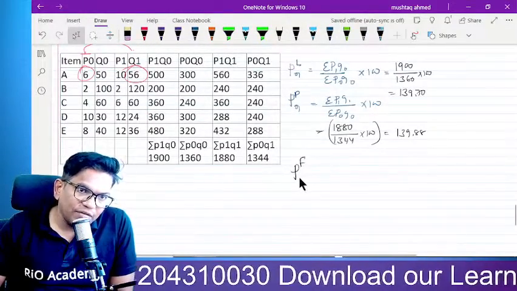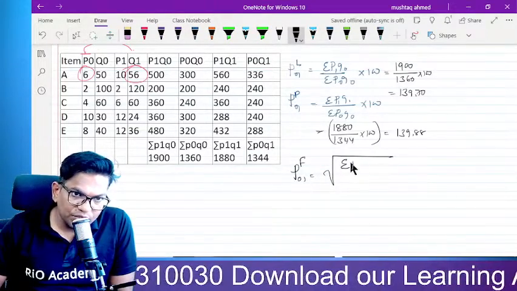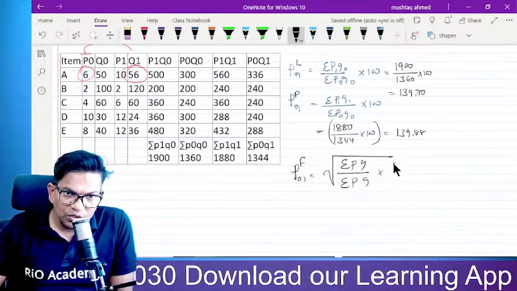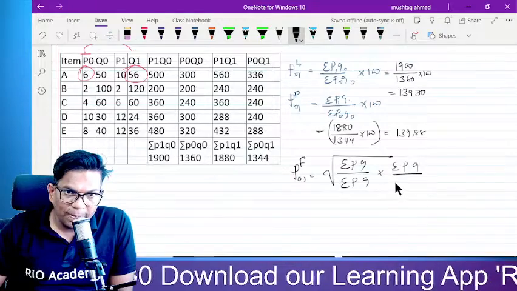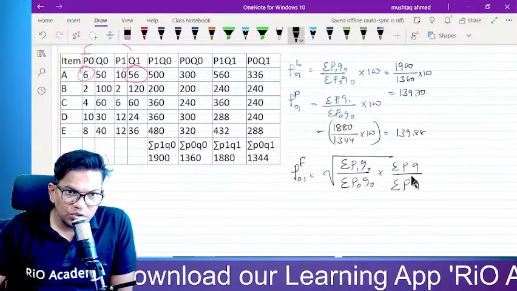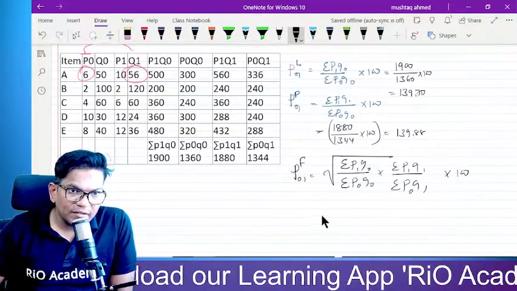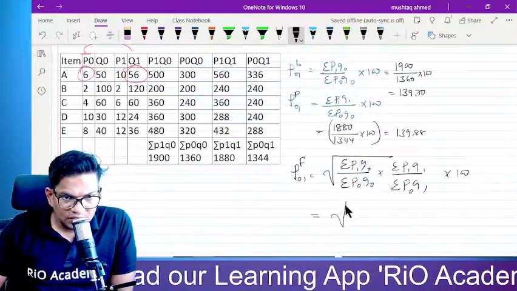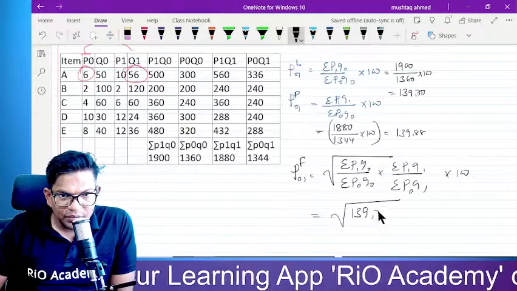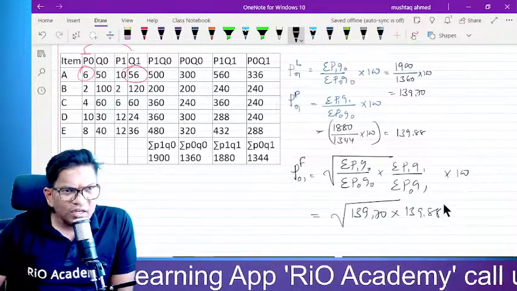Paasche and Fisher: root of summation of P1 Q0 over P0 Q0 into summation of P1 Q1 over P0 Q1, multiplied by 100, right? Yes, sir. It's very simple. 139.70 into 139.88 looks similar.